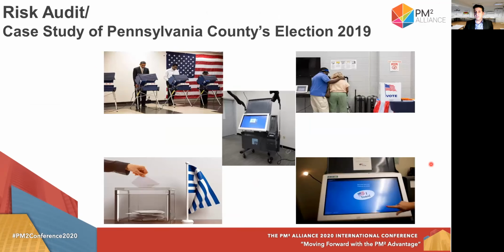About risk audit, I would like to show you a case study from Pennsylvania county elections one year before, where the county wanted to use this specific machine so that all the inhabitants there could vote. And you know, the procedure was very simple.